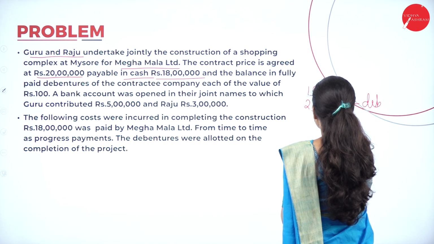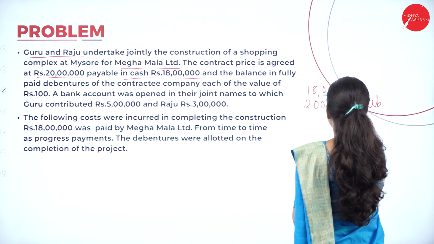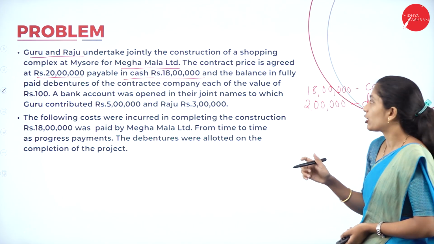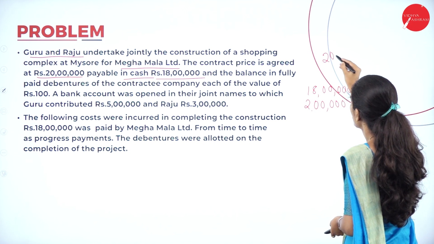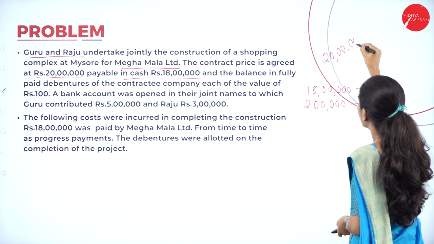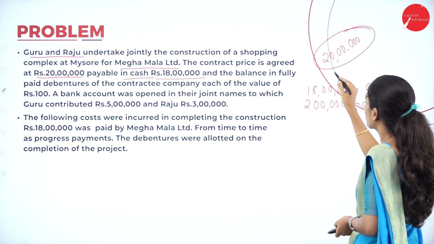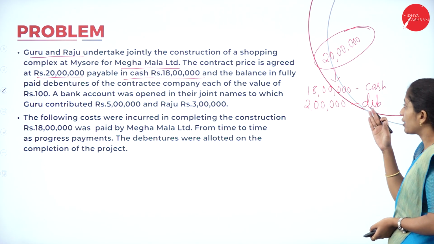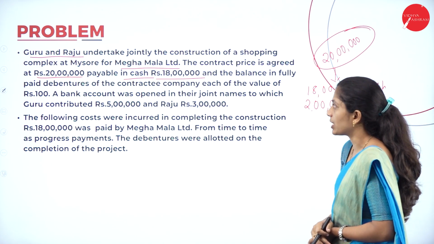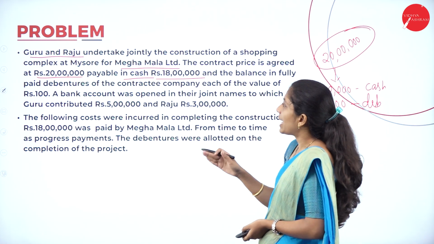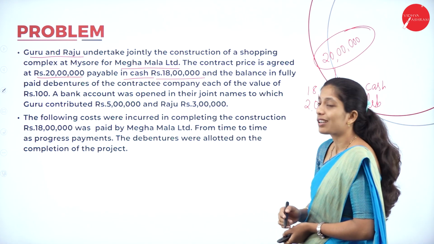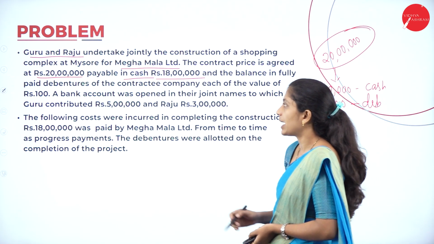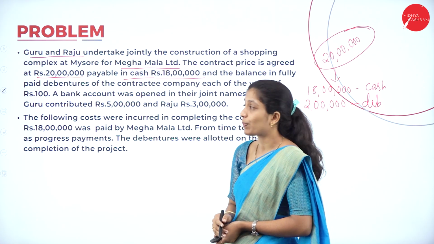The total contract price is how much? 20 lakh, out of which 18 lakh has to be paid in cash and 2 lakh in debentures of the contracting company, each of the value rupees 100. That is, the debenture value should be rupees 100.